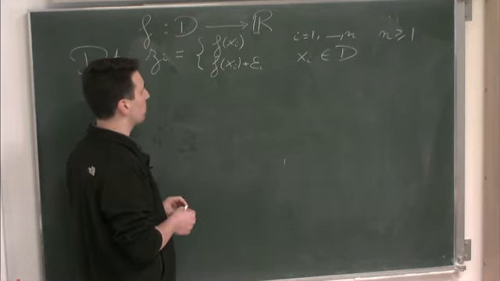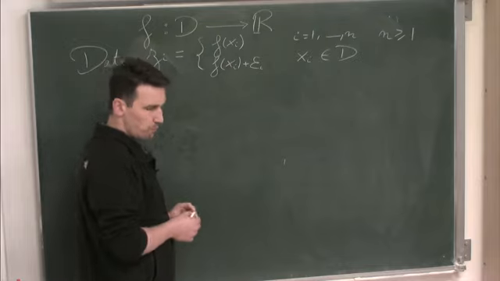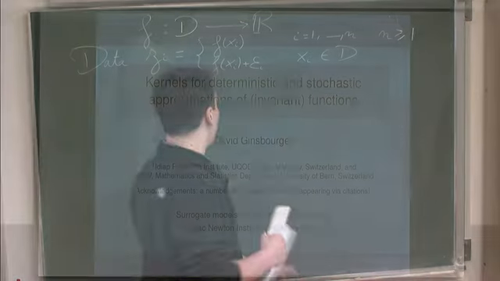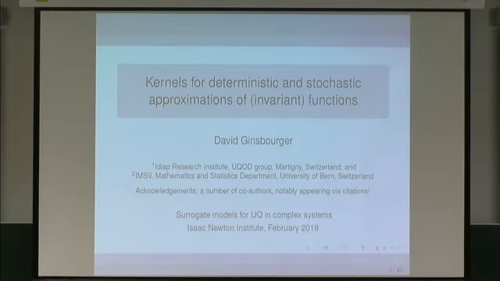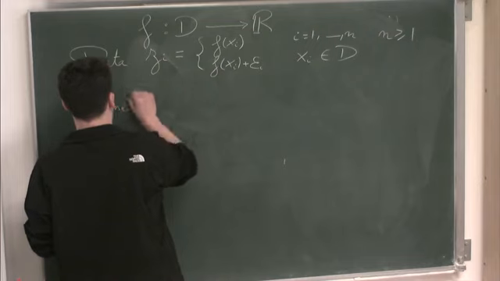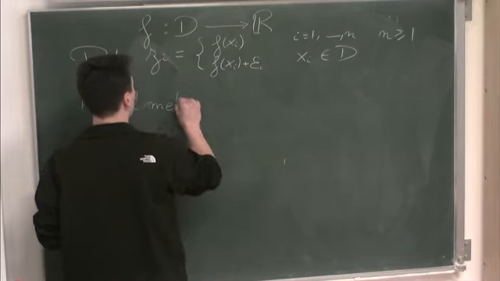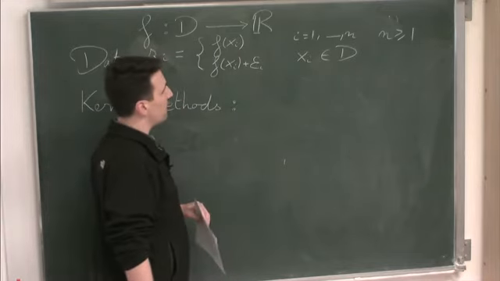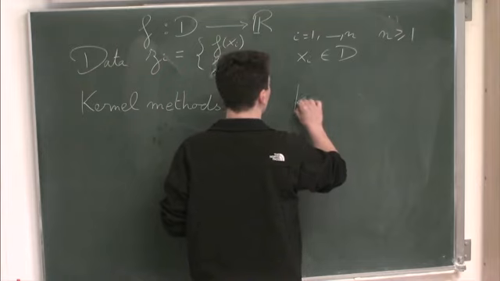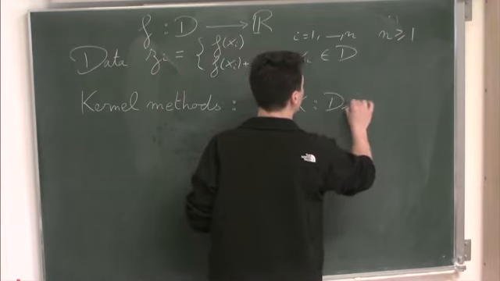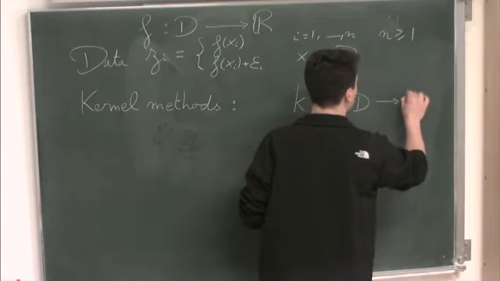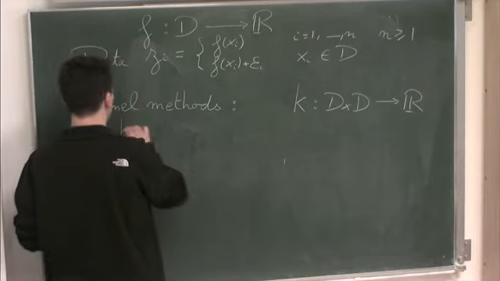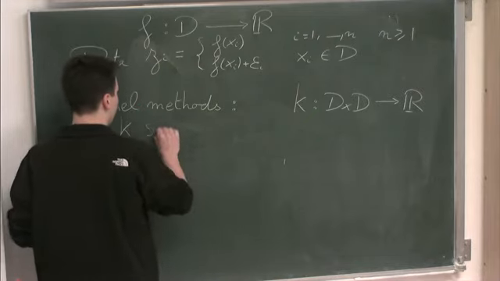So when I say kernel, I mean that we will rely on a function k, and k will be a function that goes from D times D to R. And we will assume that k is symmetric positive definite.